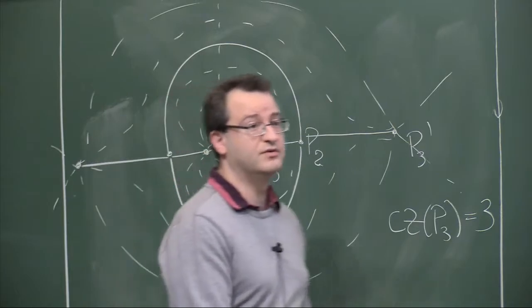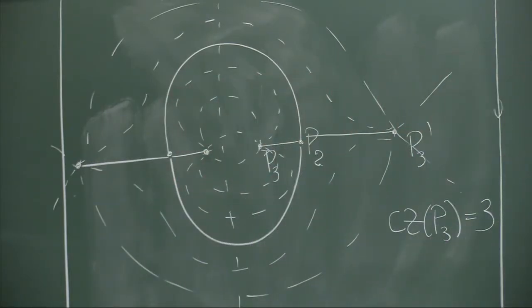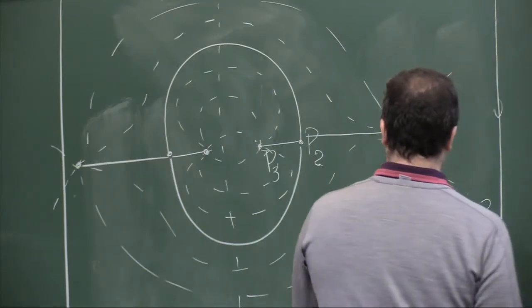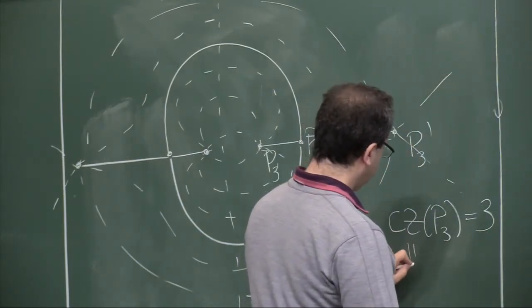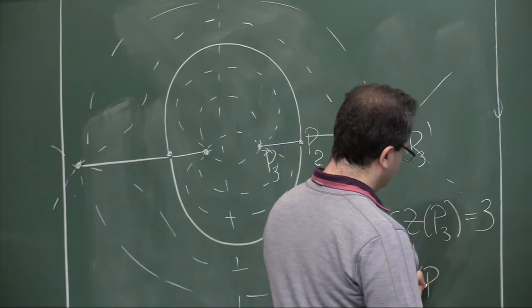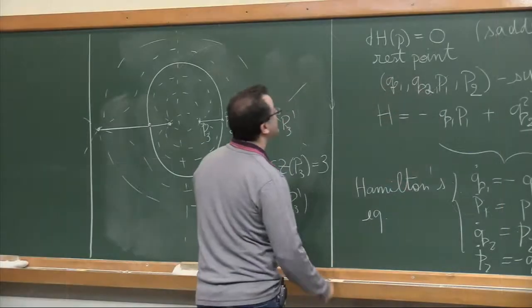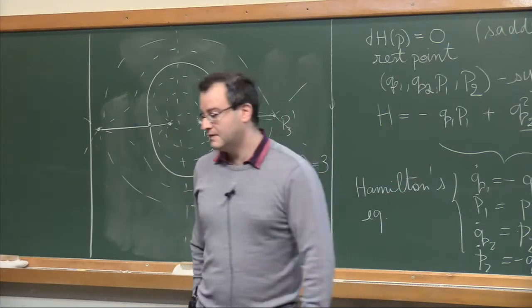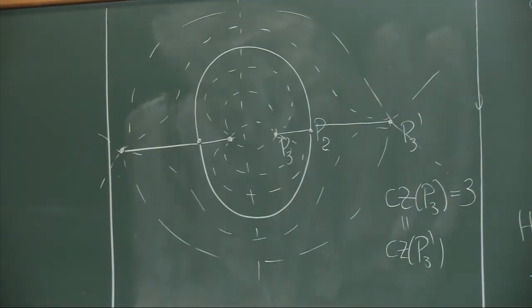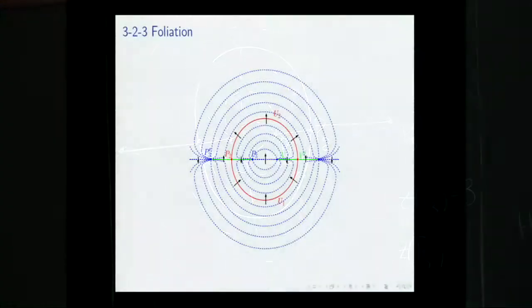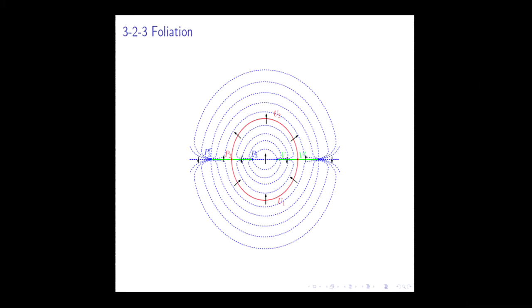So this is what we call a 3-2-3 foliation. The index of P3 prime is also equal to 3. So this is a better picture of this foliation.